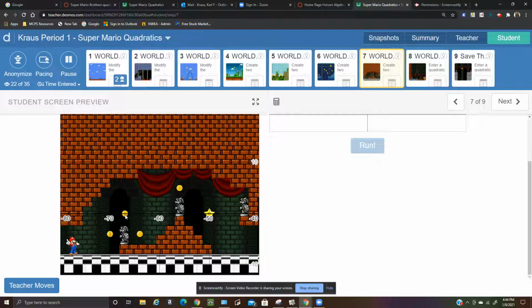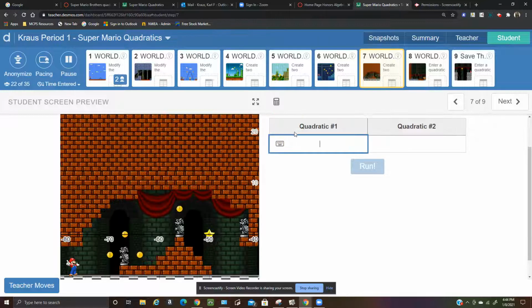This looks to be negative 78, maybe, is my vertex, so x minus a negative 78 would be x plus 78, and then squared, make this a negative.